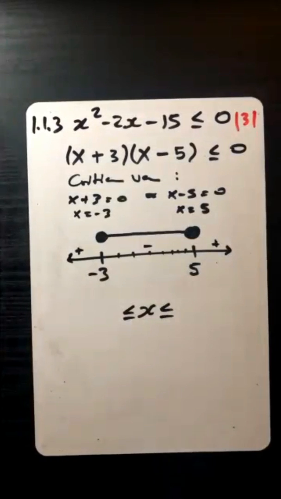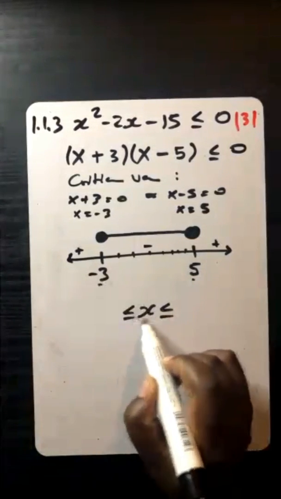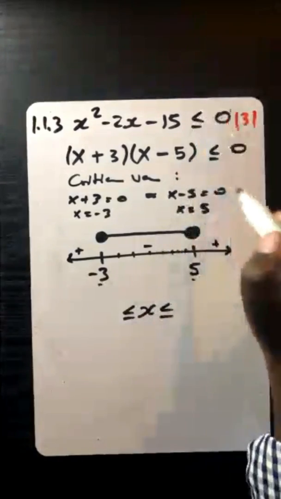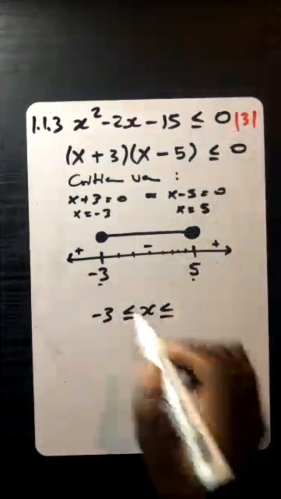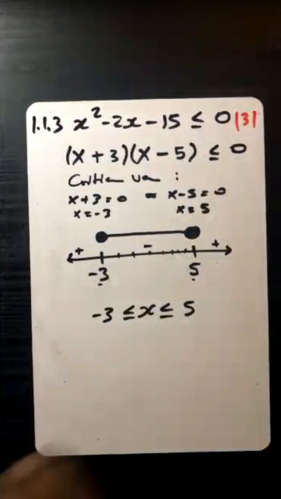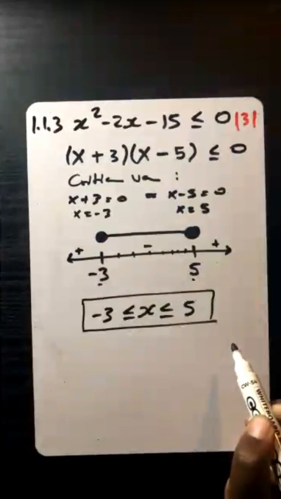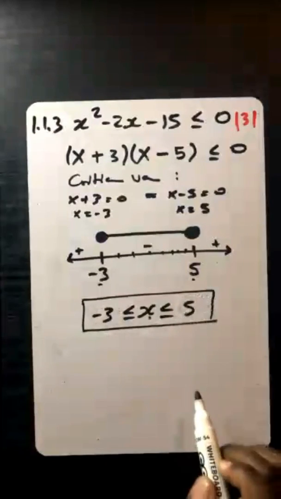So this means between -3 and 5, that's where the x values are less or equals to 0. So on this side, you just write that negative critical value. On this side, you write a positive value. So anything that you see written in that manner, it simply means x values between -3 and 5.